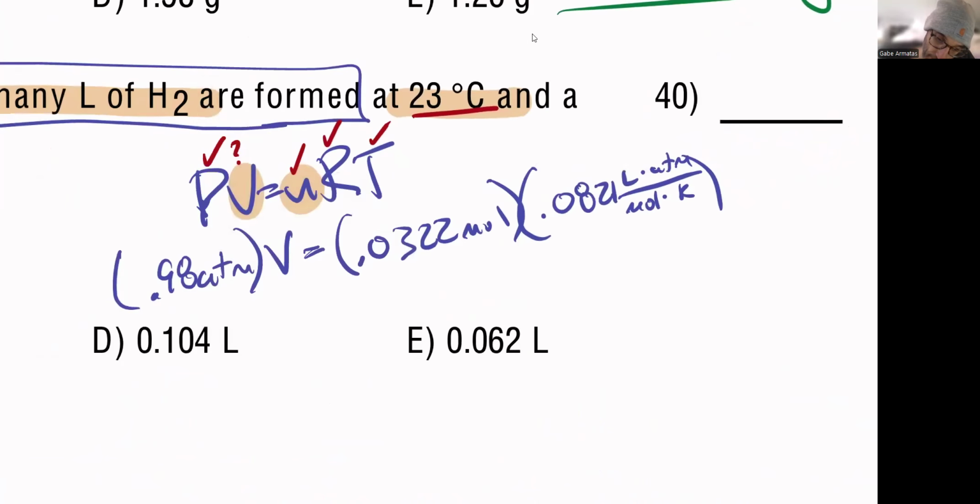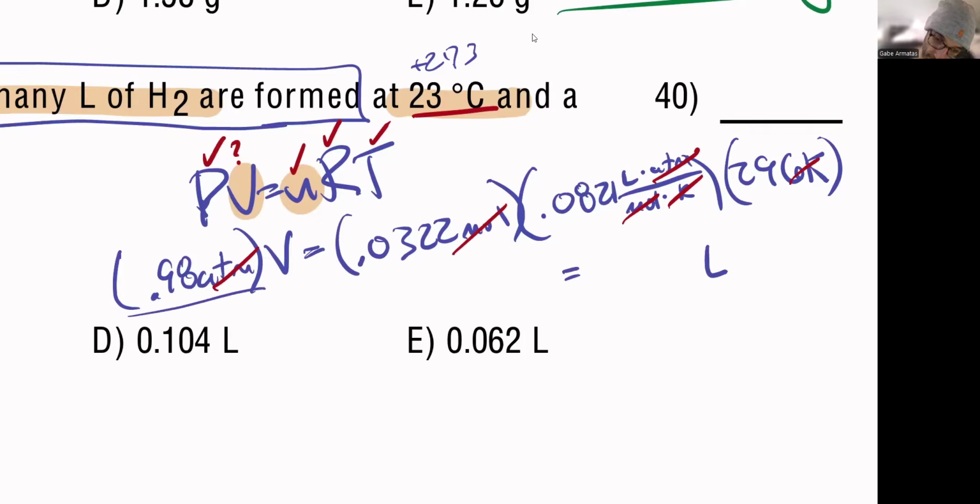And then finally, temperature plus 273 gives me 296 Kelvin. And off we go. I've got atmospheres, I've got moles, I've got Kelvin. My answer should be in liters. So I'm just going to divide both sides by 0.98.